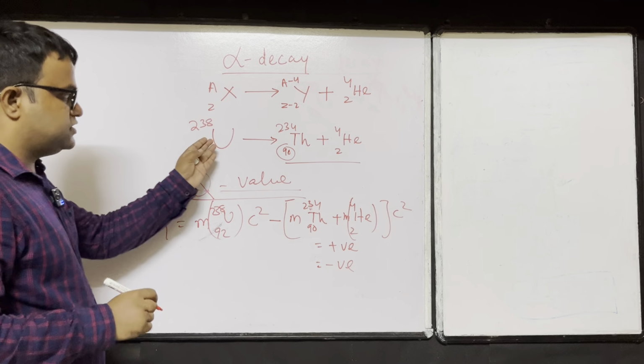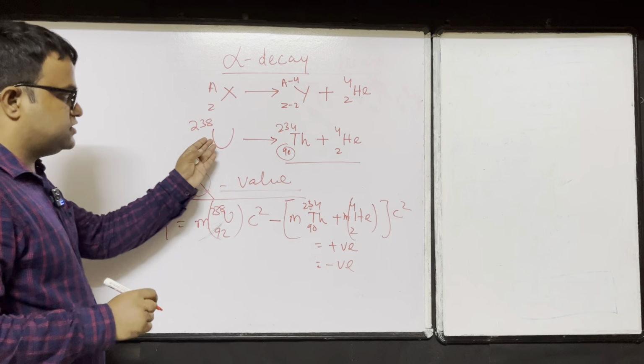If some numericals come, I can leave you a question, you can try this question. The mass of uranium 92 238 is 238.05079 U, or AMU, atomic mass unit.